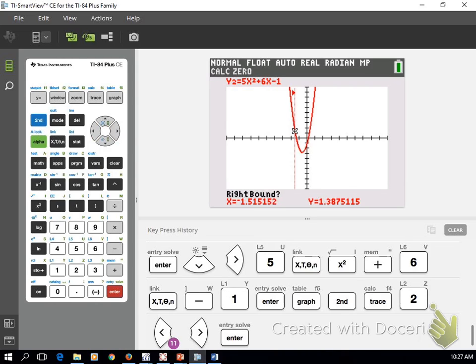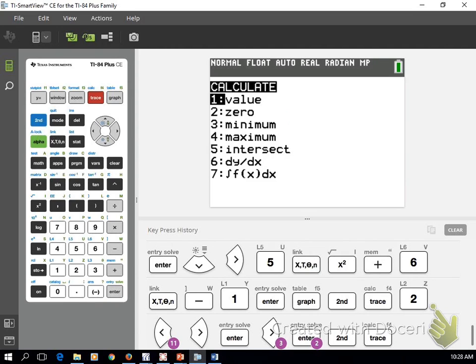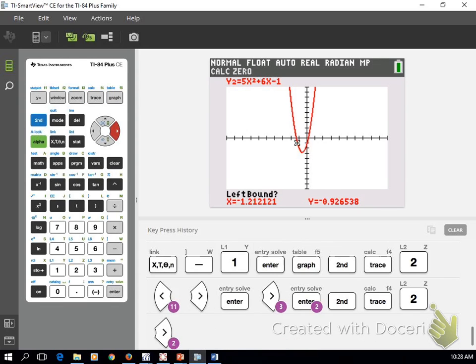Left wall there. Right wall there. Hit enter. And you see that the first solution is negative 1.35. It did ask us to round to the nearest hundredth. Then find the next 0, arrow just to the left of the first solution, and then just to the right, hit enter, and 0.15.